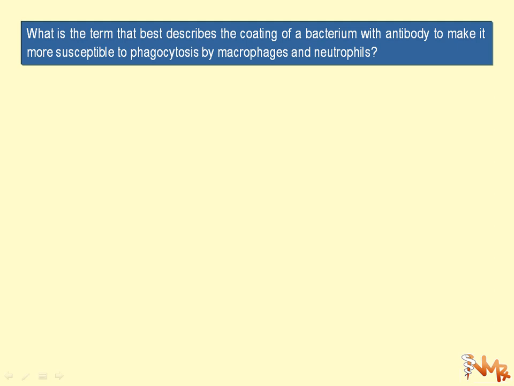So what is the term that best describes the coating of a bacterium with antibody to make it more susceptible to phagocytosis by macrophages or neutrophils? This is opsonization.